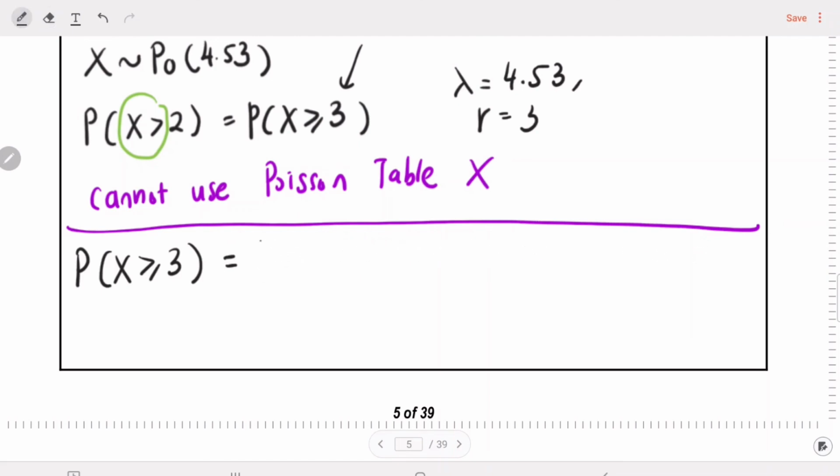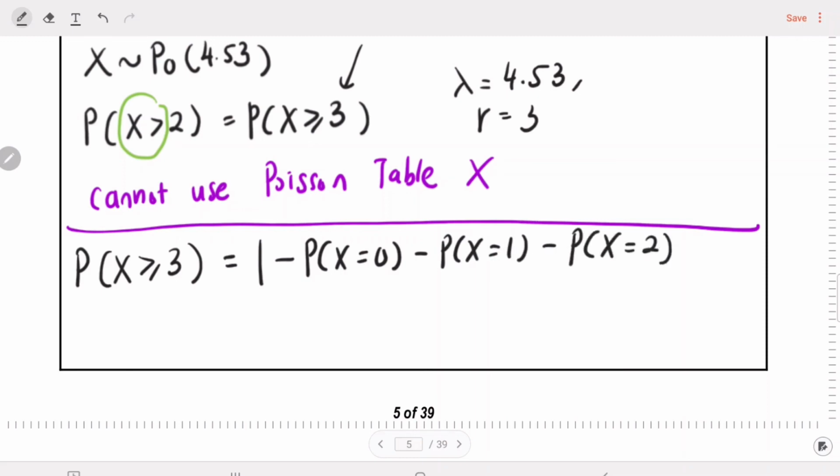We calculate it as 1 minus something. Since we would like to find the probability starting from 3 and above, the values of X that are not included are X equal to 0, X equal to 1, and X equal to 2. 3 and above means we exclude the values for X0, X1, and X2.